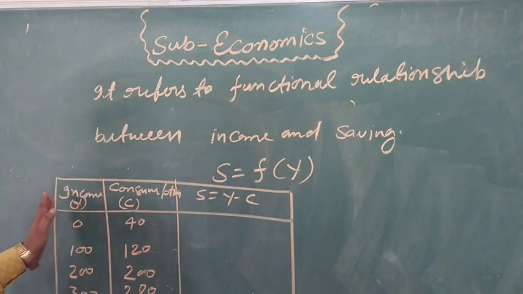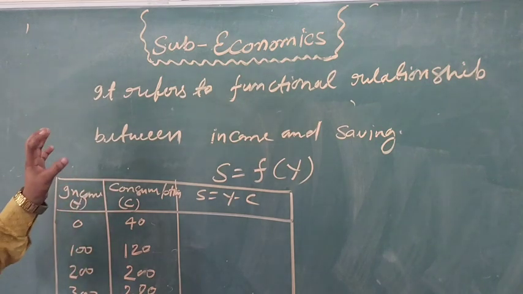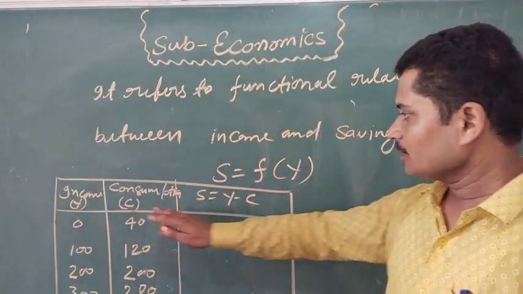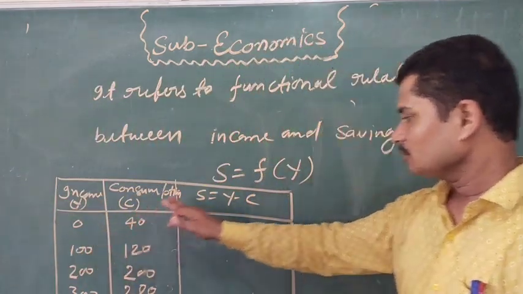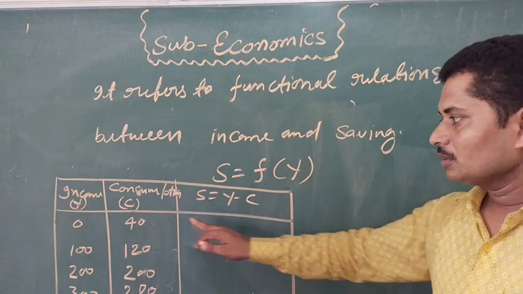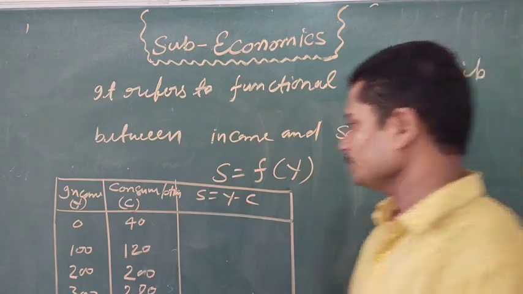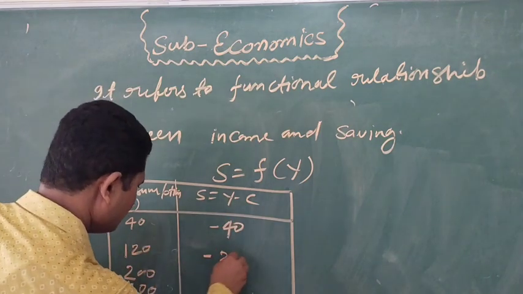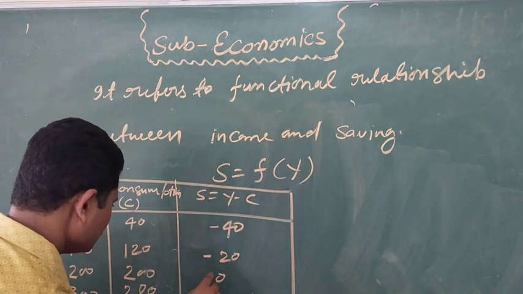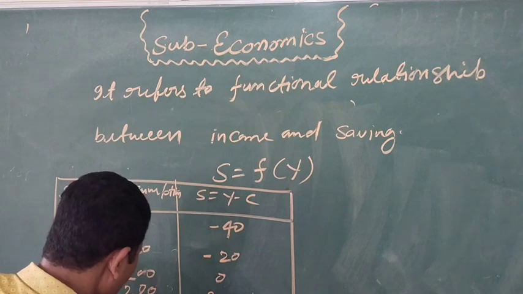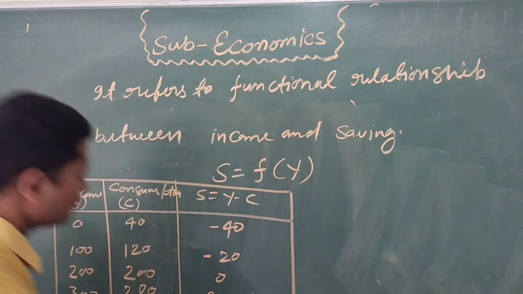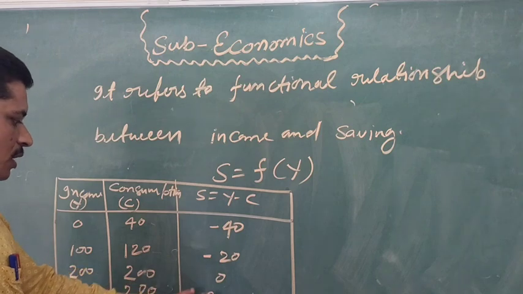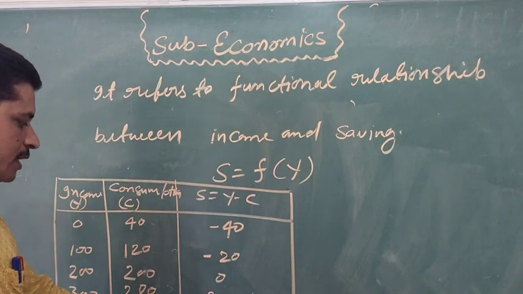These are consumption and these are income. When we subtract consumption from income, we get saving. 0 minus 40 is minus 40. Here saving is minus 40 crore, minus 20 crore, 0, 20, 40 and 60.